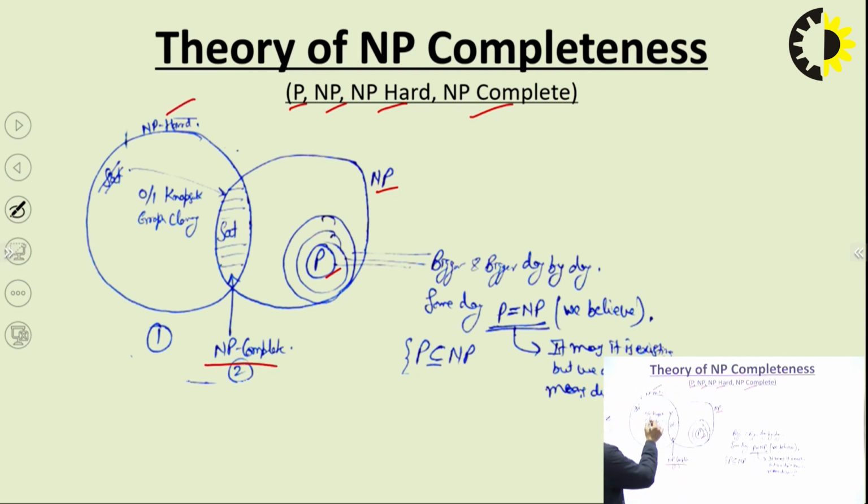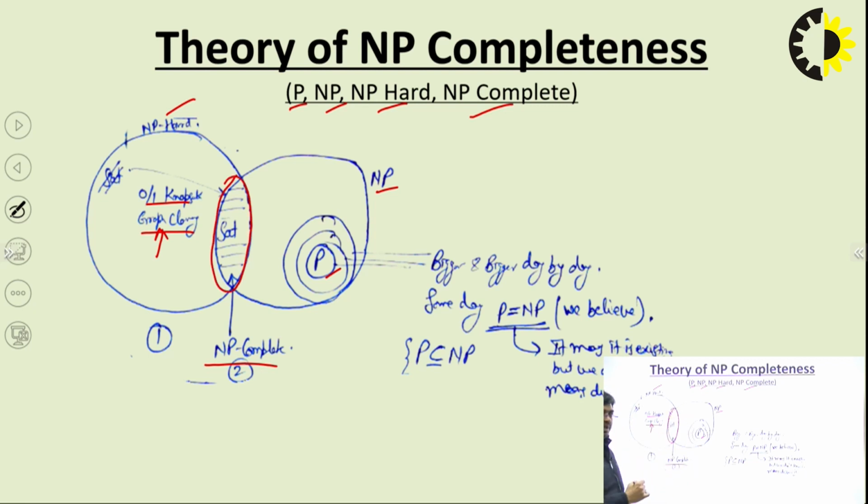Means 0-1 knapsack, graph coloring, all the algorithms which are taking exponential time, we can put in NP hard. And NP hard algorithms which can be solved in polynomial time, we can put in the intersection of NP and NP hard, which is here.